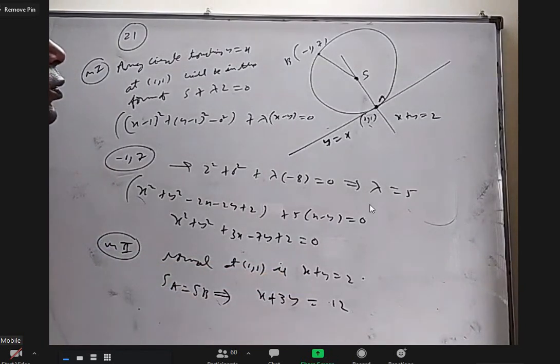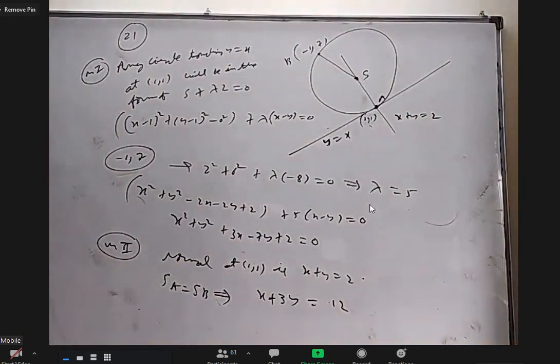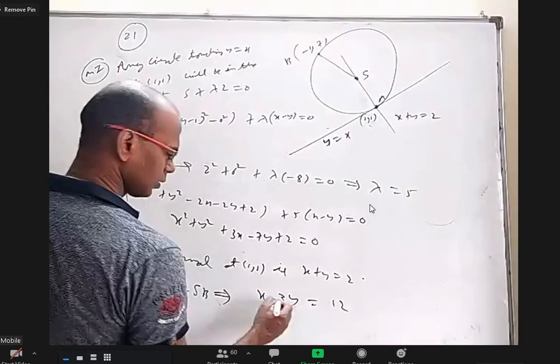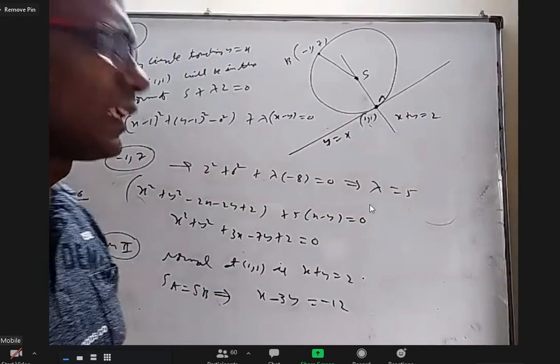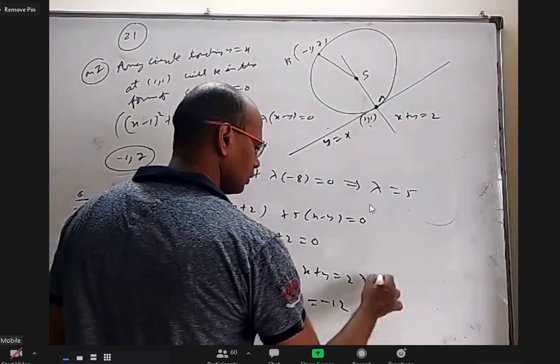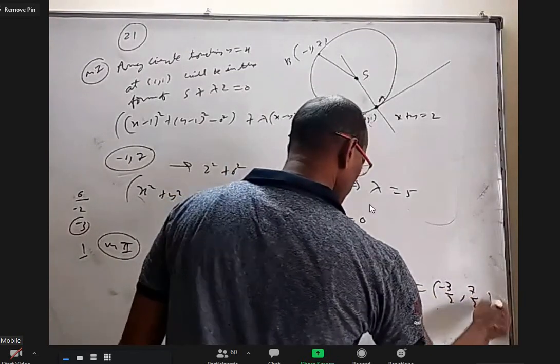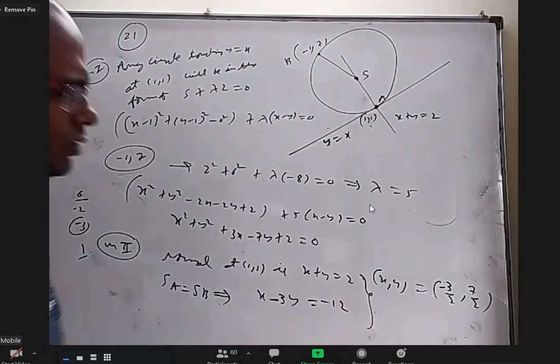The line is x plus y equal to 2, with minus 3 by 2, 7 by 2. 7 minus 1 is 6, 5. x minus y equal to minus 2. So when I subtract, 4y equal to 14, I get x comma y equal to minus 3 by 2 and 7 by 2. So with our center, you can find the radius.